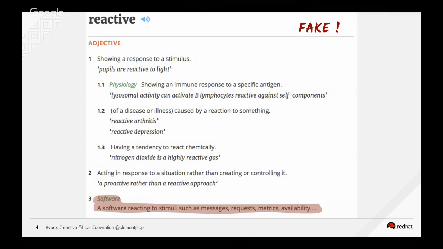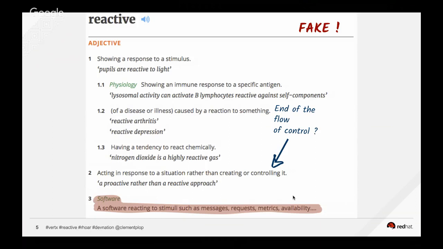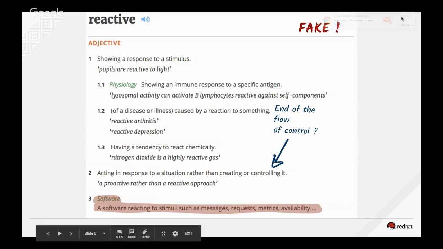Cool. But let's have a look at this definition here, acting in response to a situation rather than creating or controlling it. That's actually very interesting because it's about the end of flow control. Right now, when you're developing an application, you do something A, then B, and C and so on. So you know exactly when things happen.